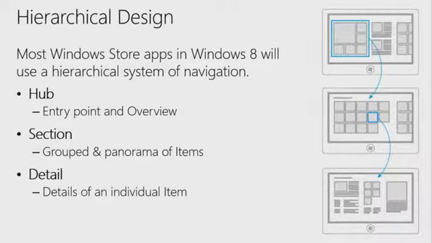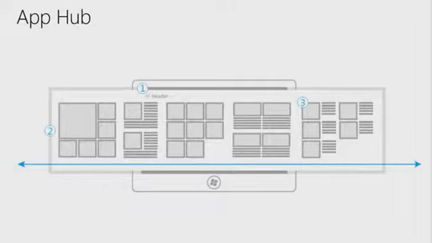So, very important, the hub. Let's go to the next slide for a second. The hub is without a doubt the most important part of your application. An app that doesn't have a hub, I don't even understand, especially not in Windows 8. An app hub allows you to, at a glance, see at the highest level all of the data that you're about to represent. Think about the Netflix app, right? That's a nice application.